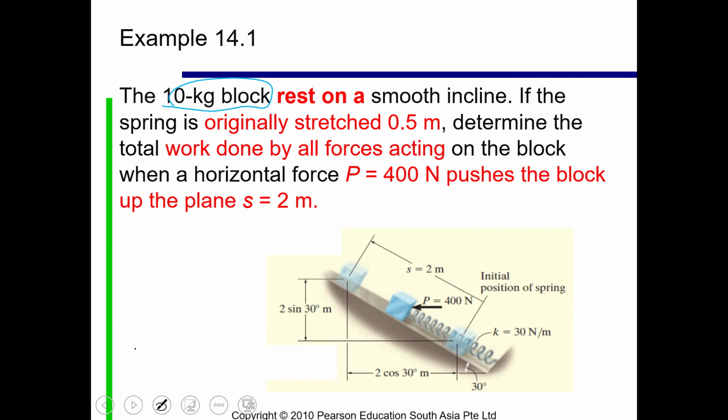If the spring is originally stretched 0.5 meter, so initially it is stretched 0.5 here, determine the total work done by all forces acting on the block when the horizontal force P, this is 400, pushes the block up the plane by 2 meters.